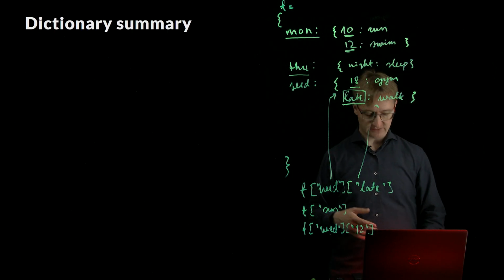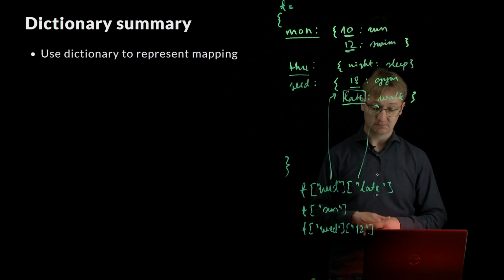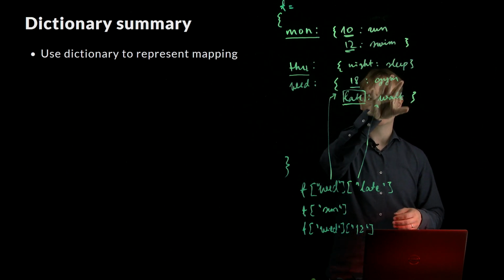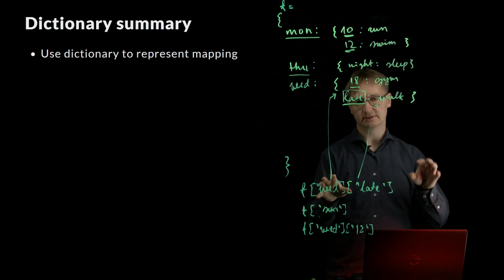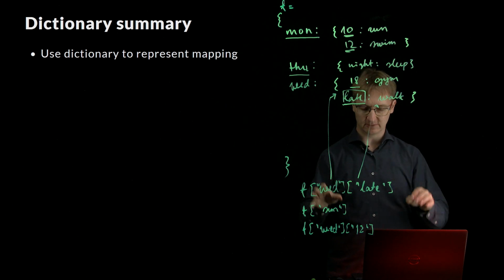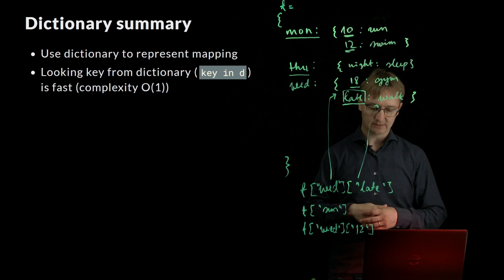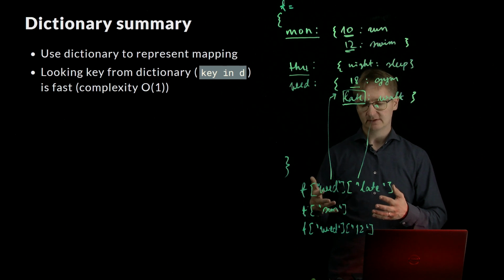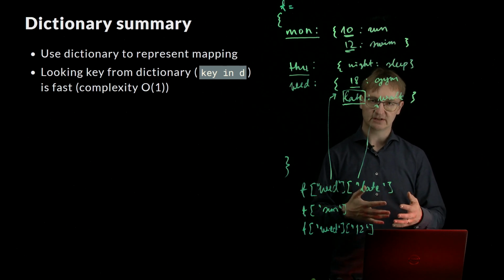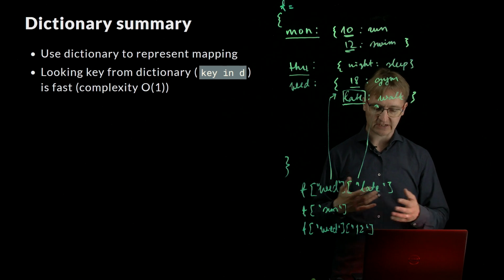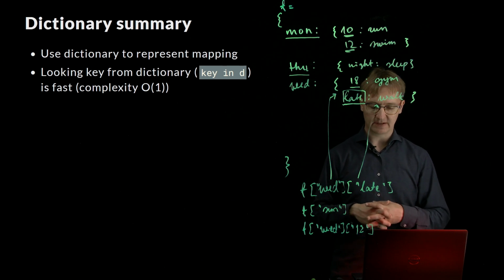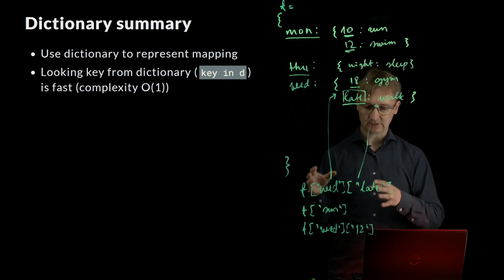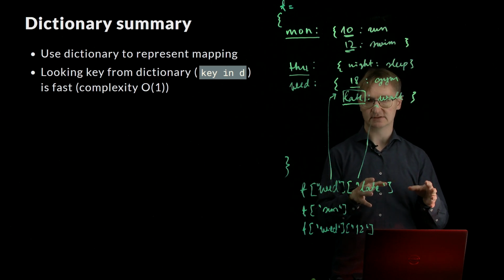As a summary for dictionary, we can say that a dictionary is used to represent a mapping. We have names and corresponding phone numbers, and so on. When we want to find out whether there is a key in a dictionary, for example whether John is in my phone book, this check is fast. Compare it with a list check: I have a list of names and I want to know whether Jack is in this list.